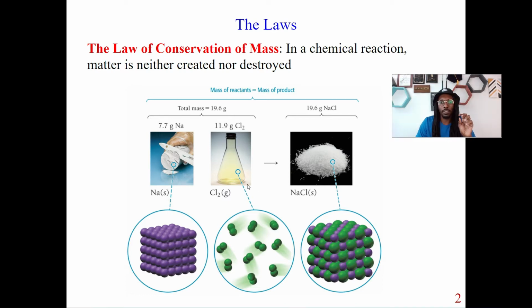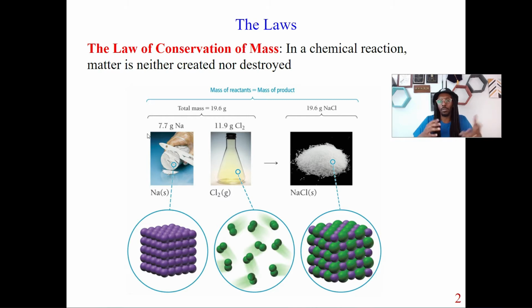Let's look at specifically how many grams of sodium and how many grams of chlorine we have. I have 7.7 grams of sodium and 11.9 grams of chlorine gas, so we have a total mass of 19.6 grams.